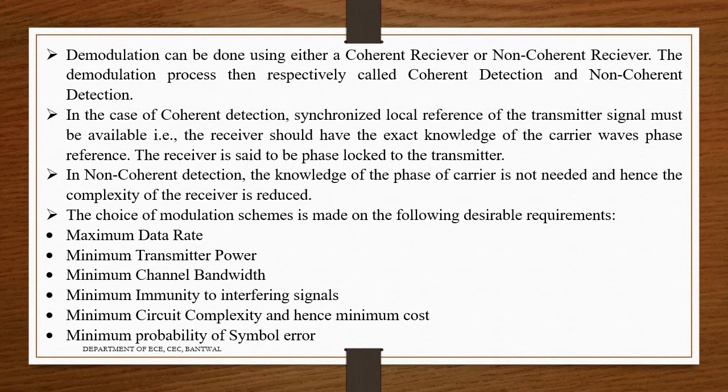The more the complexity, the more the cost will be, so the circuit complexity should be reduced to reduce the cost. Minimum probability of symbol error. The probability of error should be reduced, like if you are sending symbol 1 it should not be detected as symbol 0. It shouldn't get confused. It should have a proper boundary and range, and be properly transmitted and calculated. The probability of error should be reduced here.